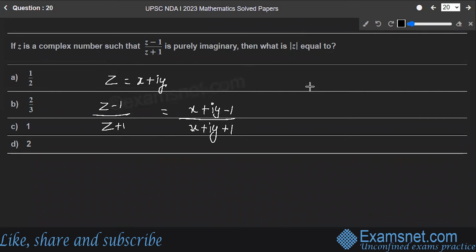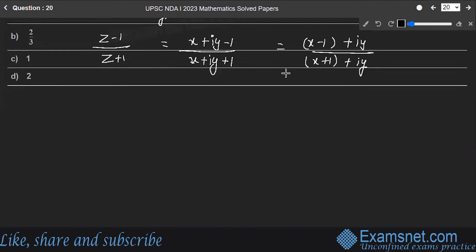Now let's segregate the real and imaginary parts. You will have (x minus 1 plus iota y) upon (x plus 1 plus iota y). Now multiplying the numerator and the denominator by x plus 1 minus iota y.